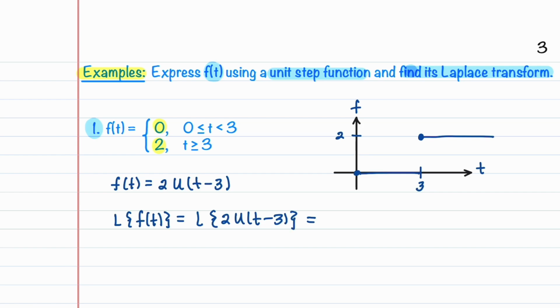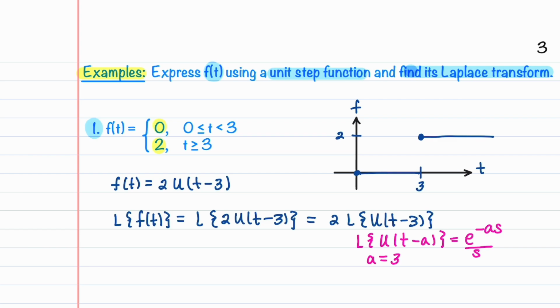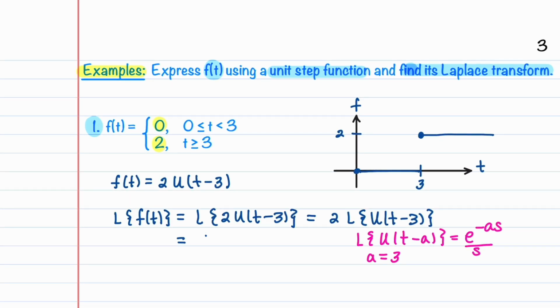We can bring the 2 out in front, and we just have the Laplace transform of u of t minus 3. The formula for the Laplace transform of u of t minus a is e to the minus as all divided by s. In our problem, a is equal to 3. This gives us an answer of 2, and then we have e to the minus as, a is 3, so we have e to the minus 3s, and all of this gets divided by s. And there's our answer.